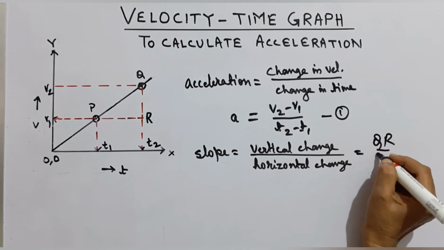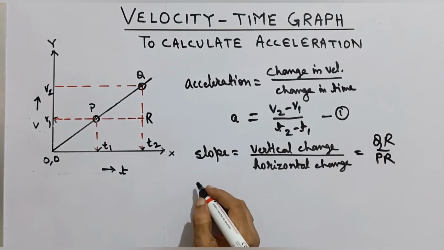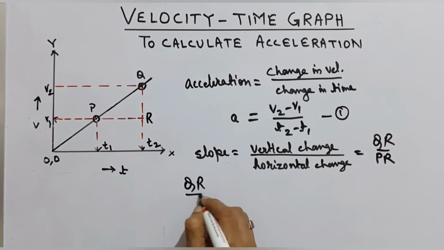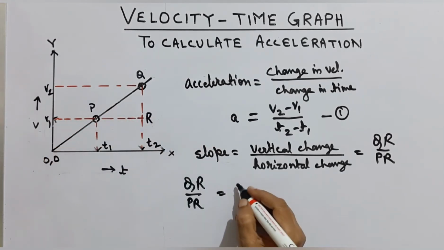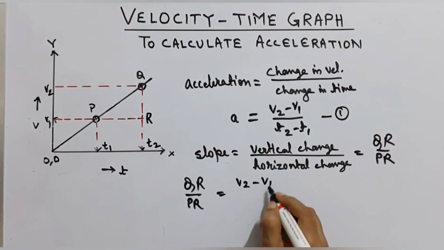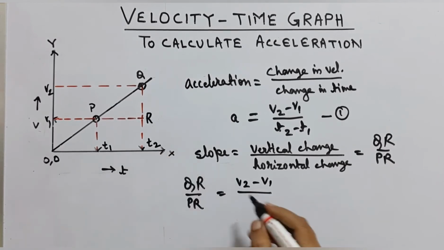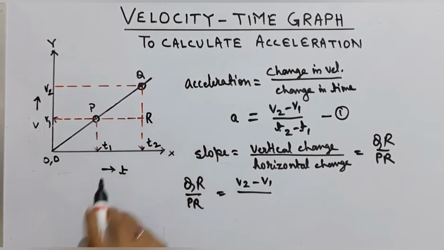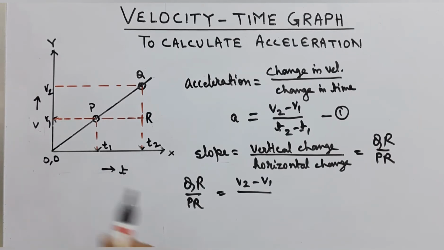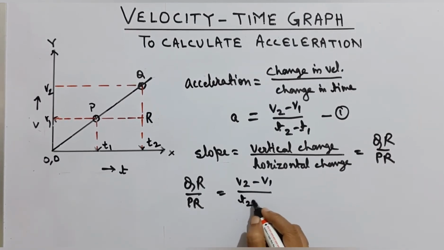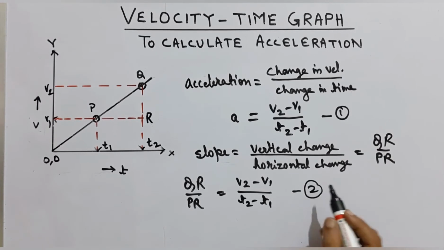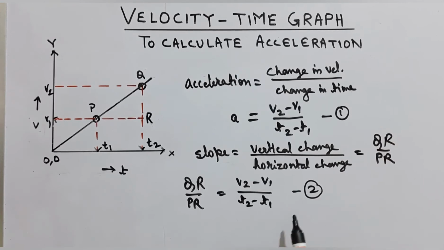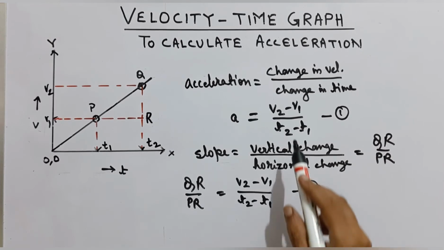But QR upon PR is nothing but v2 minus v1 divided by t2 minus t1, because PR is the same as t2 minus t1, which is nothing but acceleration. From equations 1 and 2 we can see that QR upon PR, which is the slope, gives the acceleration.